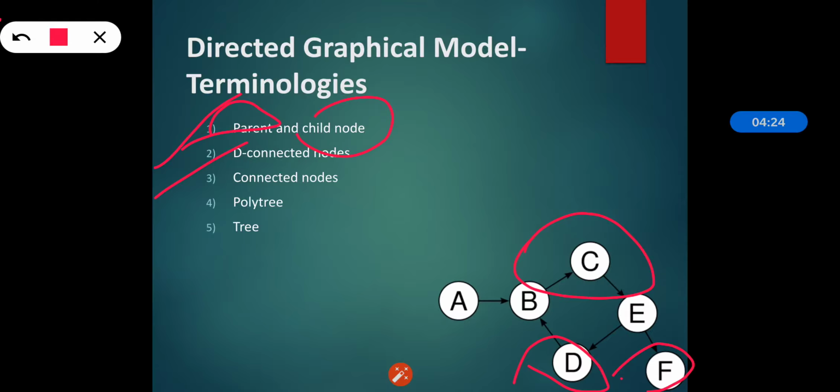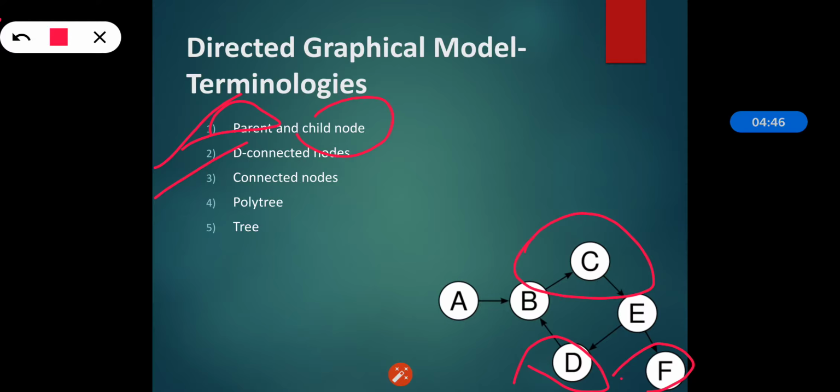Then comes the terminology of d-connected nodes. Suppose we are thinking about nodes A and B. The nodes A and B which belong to the vertex set V are called d-connected if and only if there is a sequence of distinct nodes, which is called a directed path.